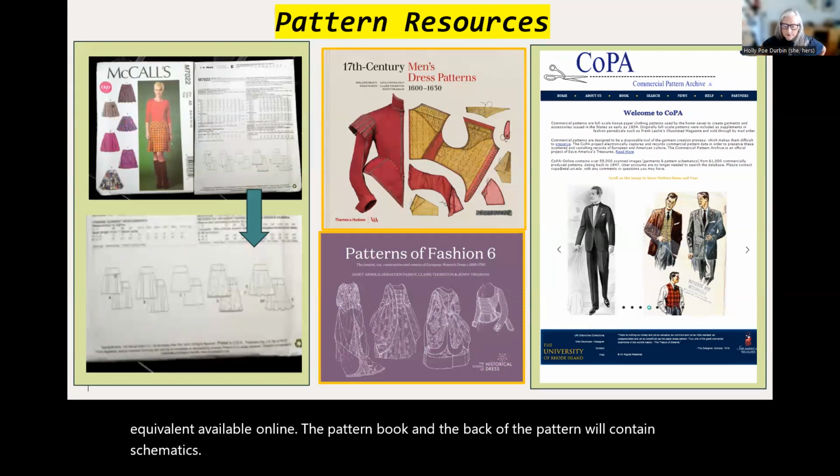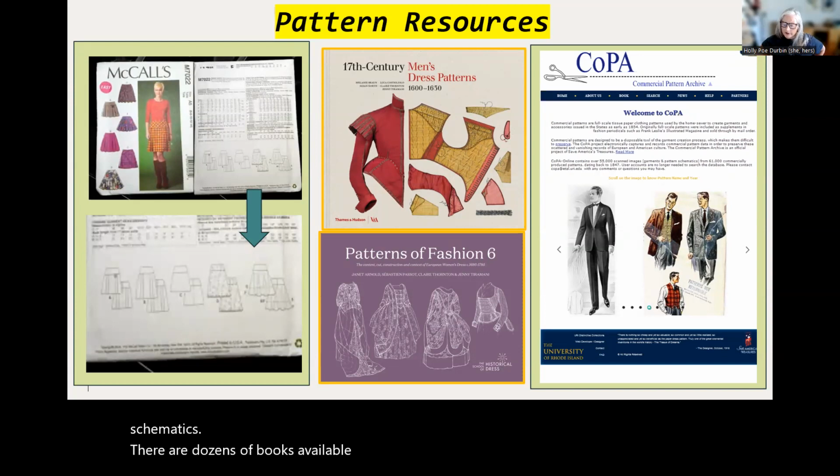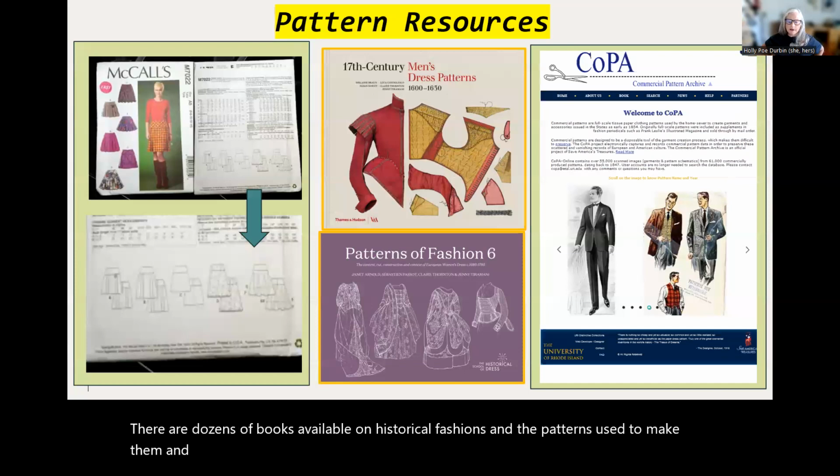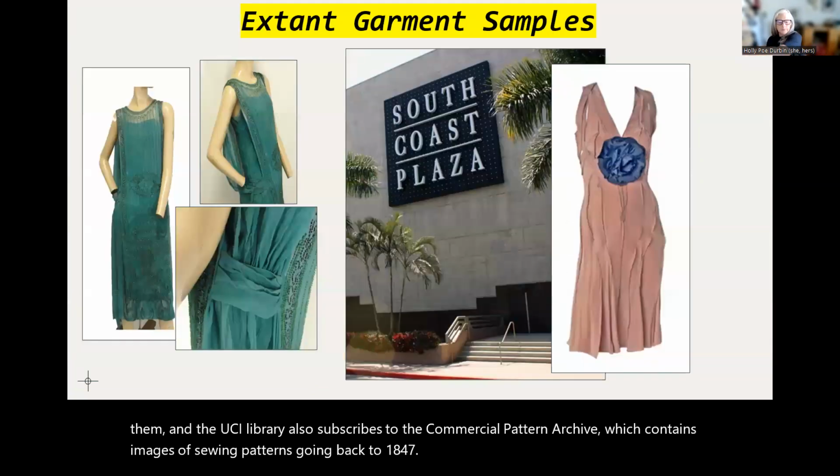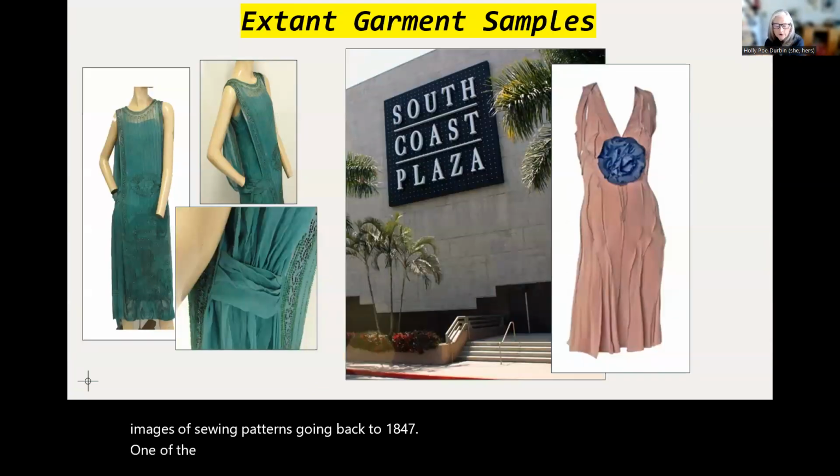There are dozens of books available on historical fashions and the patterns used to make them. And the UCI library also subscribes to the Commercial Pattern Archive, which contains images of sewing patterns going back to 1847. One of the best resources for garment construction is studying extant or real garments.